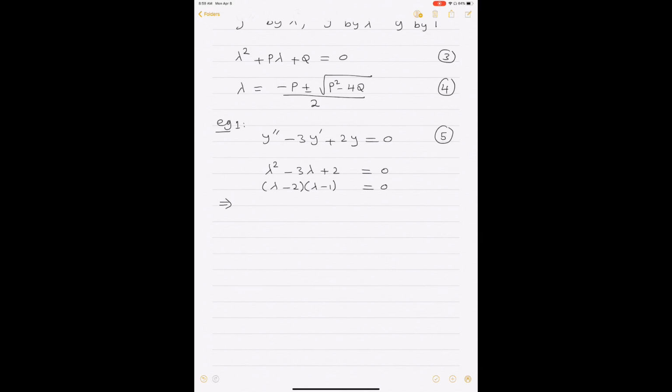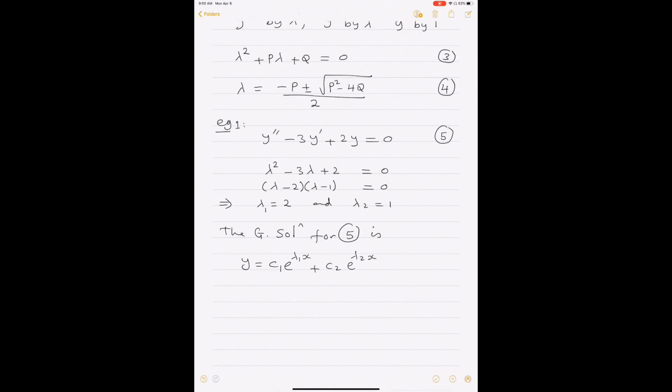This gives me two roots. Let's call them lambda 1 equal to 2 and lambda 2 equal to 1. So the general solution for the differential equation, equation 5, is y equal to c1 e to the lambda 1 x plus c2 e to the lambda 2 x.